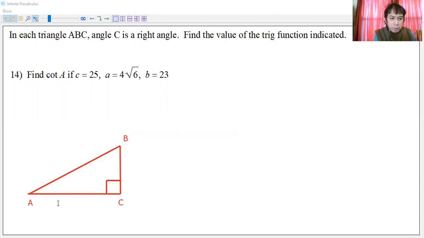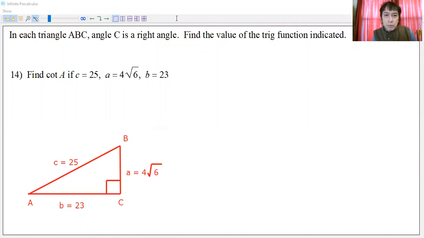Now the sides. This will be side B, which is 23, and our side C, the hypotenuse, is over here. So C is equivalent to 25. And of course, our third side A, this is 4 square root of 6. So we will draw the square root symbol, and this will be, of course, square root of 6, so there's a 6 inside like that.